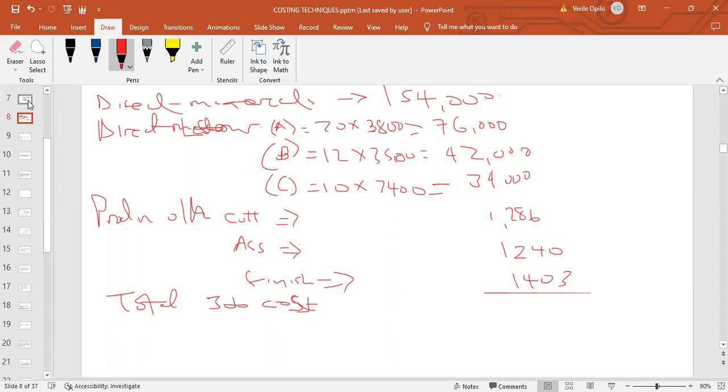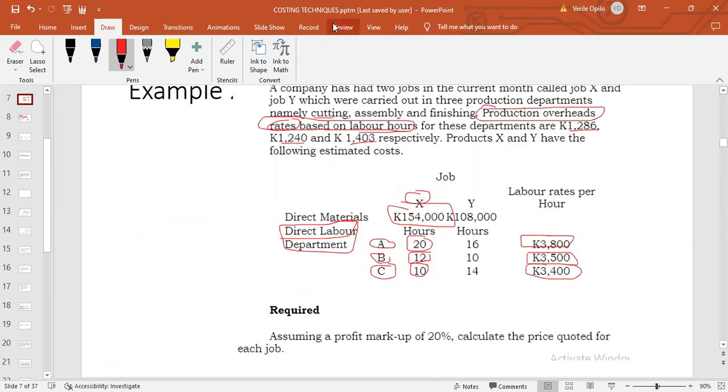I want us to note something about this question that is slightly different from the other question. In this particular question, about the production overheads, we have not been told that they are going to be absorbed. We're told that they have already been computed based on the labor hours.